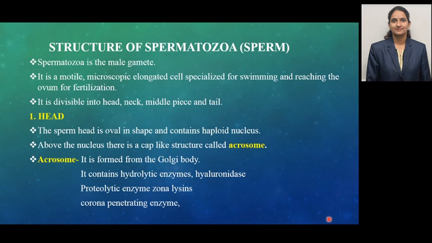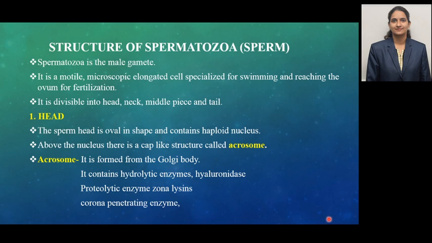Let's see. First, structure of spermatozoa, that is sperm. Spermatozoa is the male gamete. It is a highly motile, microscopic, elongated cell specialized for swimming and reaching the ovum for fertilization. As you all know, fertilization is the fusion of gametes, that is male gamete and female gamete.